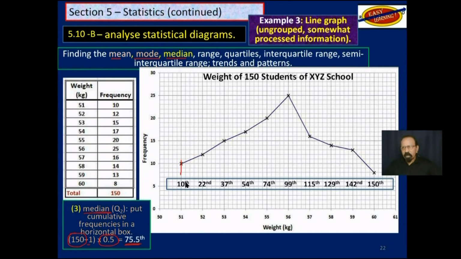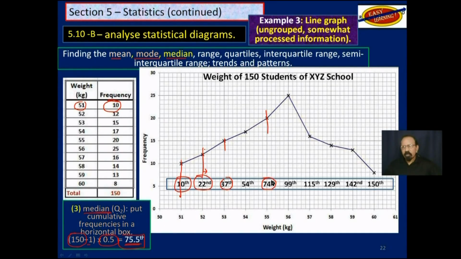By the time we reach here, we would have counted 10 of these, just to reference it here. And then by the time we reach here, we would have already counted 22. So from the time we start over here, we're at 23. And we go here to 37 and so on. Now we want to reach 75. So this point here will take us to the 74th position.